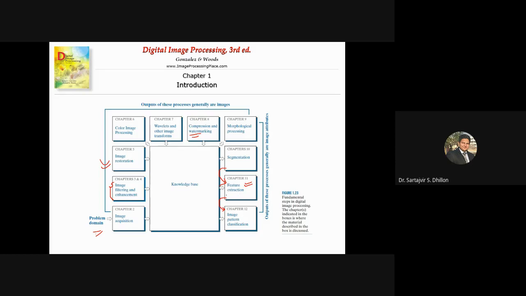This is the subsequent step of feature extraction. Hopefully you are all aware of these steps, and these are the basic chapters involved in digital image processing.